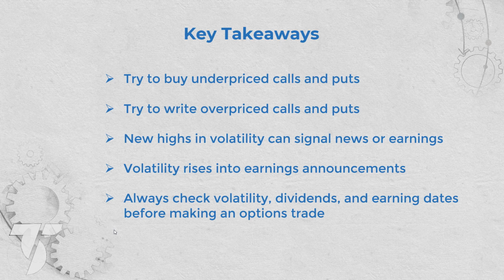So if volatility is high and I write options and volatility comes back to the mean, that's good for my position. We're always going to be looking for volatility that is making new highs, because as volatility makes new highs, as volatility rises, that's an indication that the market makers are perceiving a higher degree of risk. And if they're perceiving it, then we better perceive it as well.